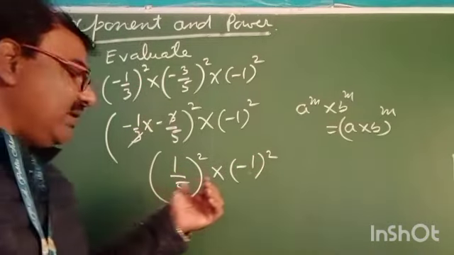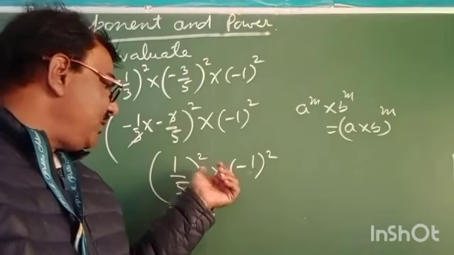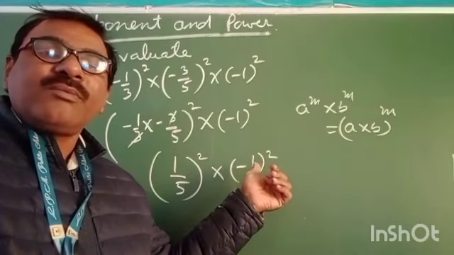Dear students, here we have (1 by 5) square multiply (minus 1) square.